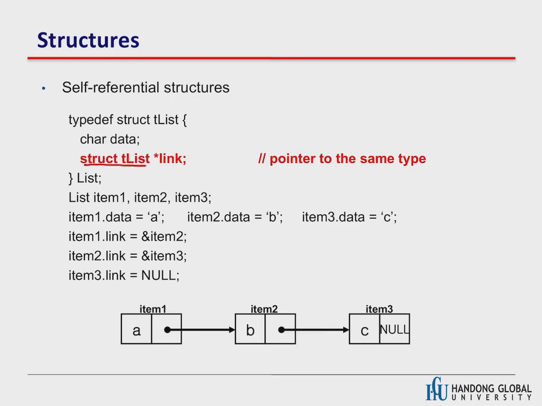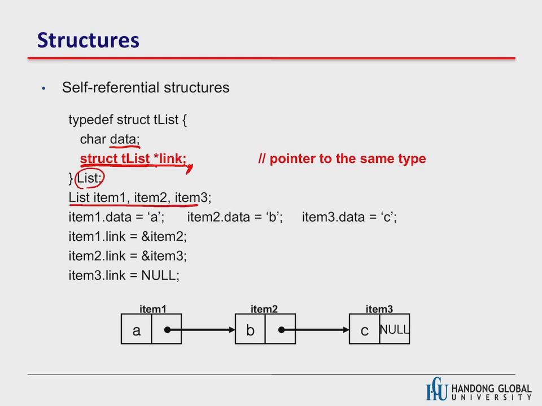So in this structure we have struct list, which has a struct list pointer link. Okay, so in this list we have a data, and at the same time we have a pointer, and this pointer can point to a struct list variable.